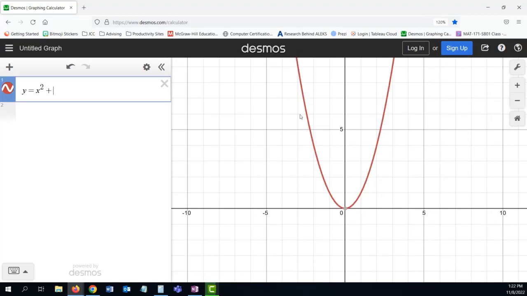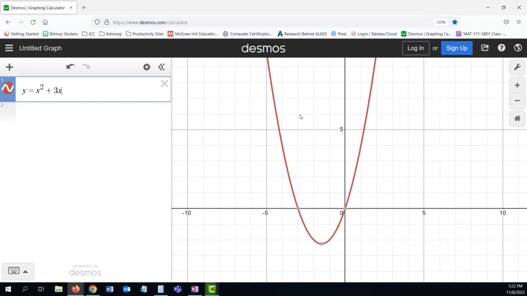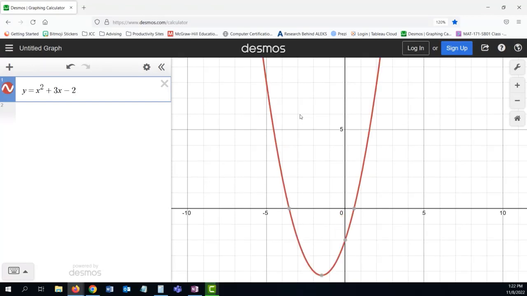Now, when I add 3x, my parabola got a little bit wider, and the vertex moved down. We'll say I subtract 2, that shifts the parabola down 2 units. I can add whatever I want onto the end of this.